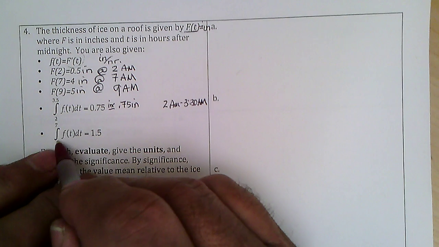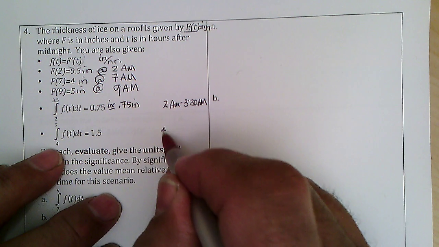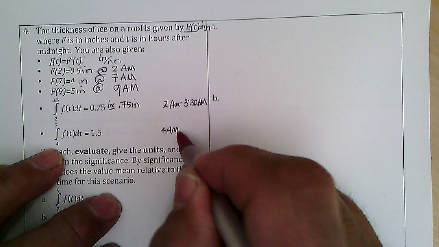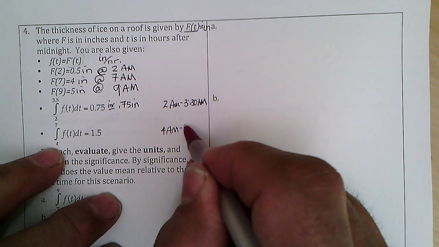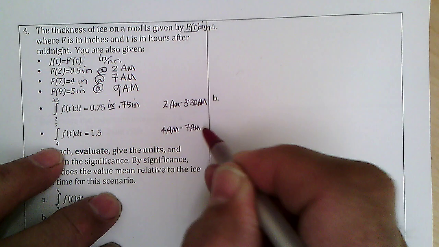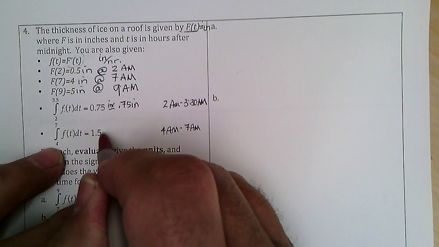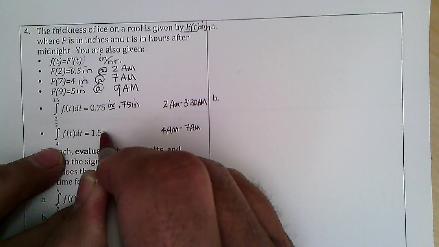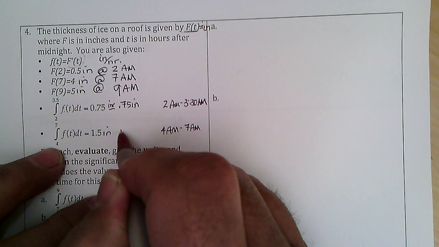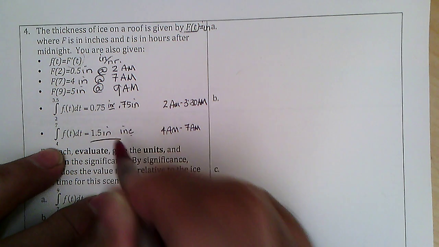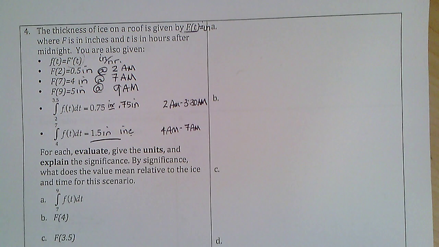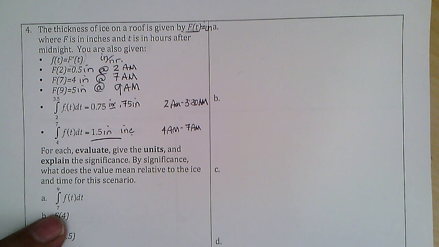And between 4 a.m. and 7 a.m., the ice increased 1.5 inches. So now let's get to the problems.